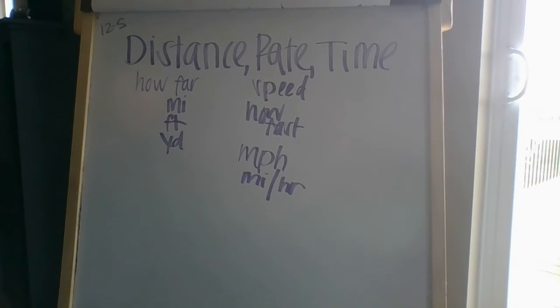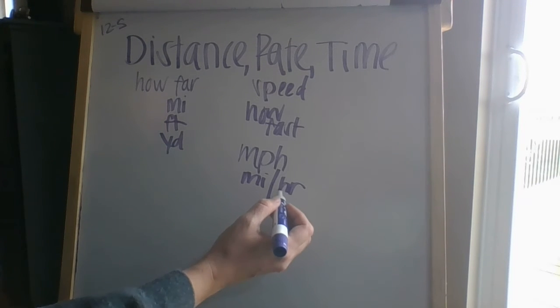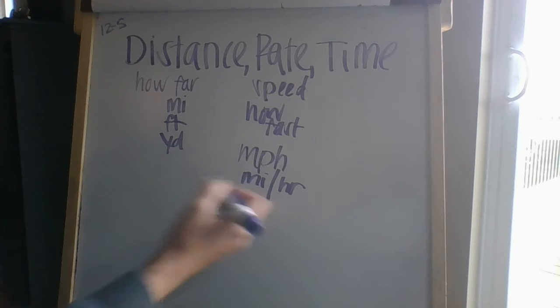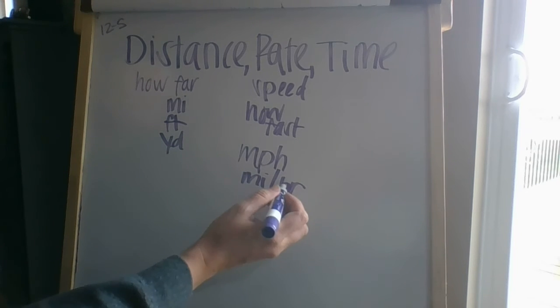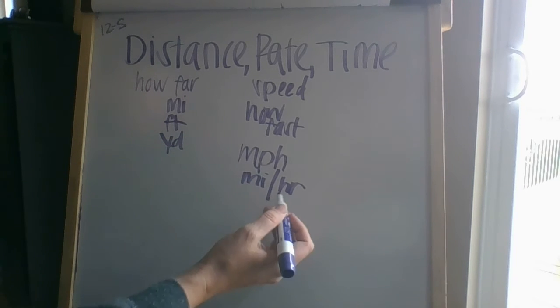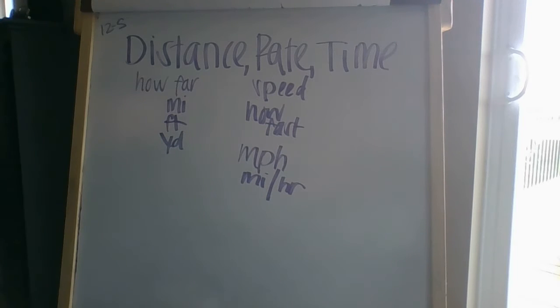Your rate or speed is always going to have two different labels, which I'll show you in a little bit how we're going to figure out. But it's going to be miles per hour because we're looking at how fast it's going to be going. There might be some where it is like feet per week. Lots of different ones as long as we're taking a look at our distance and our time together.